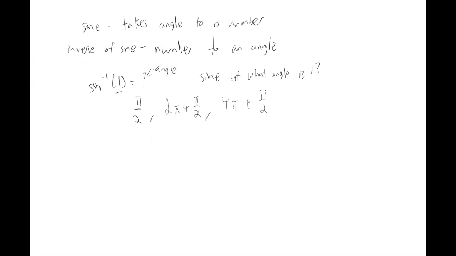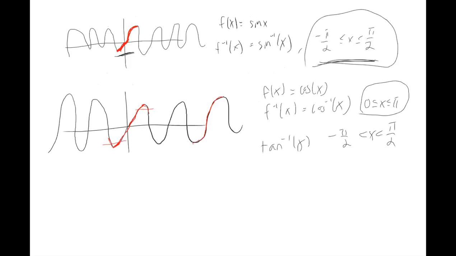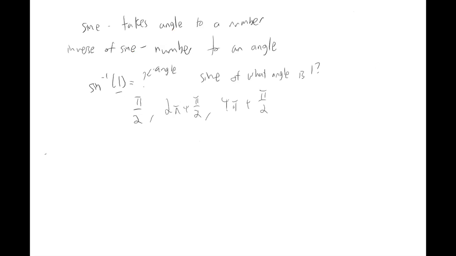So you see why it's important for us to restrict the inverse from negative pi over 2 to pi over 2. Our answer in this case is this one. If you chose a different part of the wave, your solution would be 2 pi plus pi over 2, or 4 pi plus pi over 2. So we restricted so we can have a unique answer. So the inverse takes this to pi over 2.